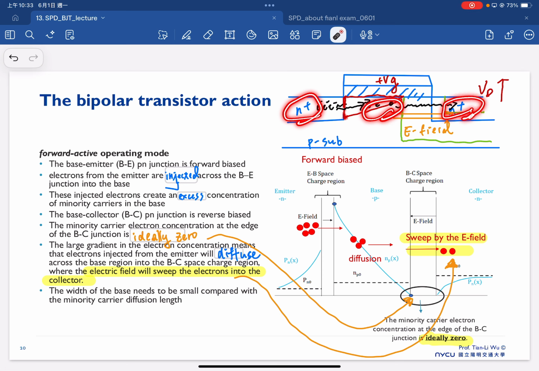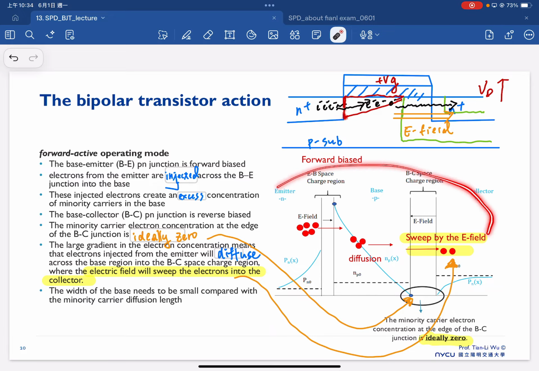So that's exactly how this junction is the same in the MOSFET versus the BJT. And in the MOSFET, the electron from the source will first be injected into this region and later be swept by the electric field and reach the drain side. That's how we get the current in the MOSFET.